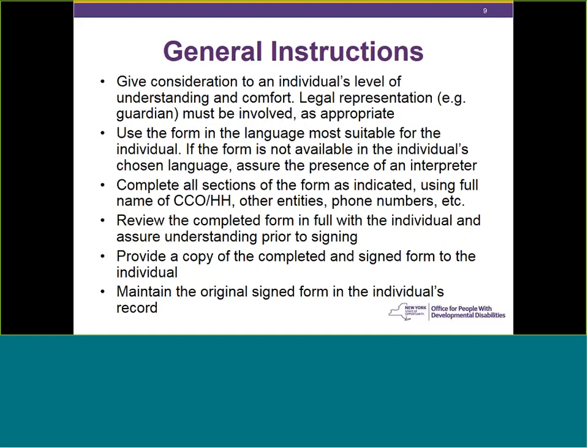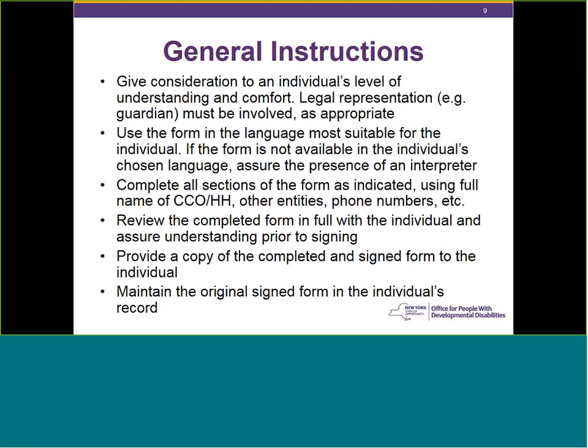So just to give you a few general instructions. Give consideration to a person's level of understanding and comfort. So going through these consent forms, we don't want people to feel stressed by that process. So be attentive to somebody's comfort and their ability to pay attention for a long time during the course of completing the consent forms.